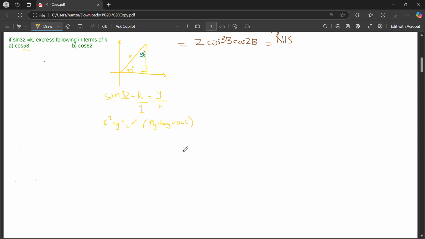Now we can make x squared the subject of the formula. So x squared is equal to 1 squared minus y squared, and y is the same as k, so this y will walk towards the right hand side and become negative, and then this is negative k squared.